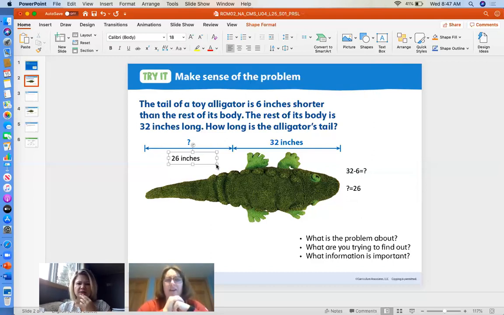So now we know if we look here, this part is going to be 26 inches, right? So how could we check that to see? We could just count up, right? Or we could just add 6 to 26. I know that 6 plus 6 is 12. So the ones place would be a 2. Carry my 1.